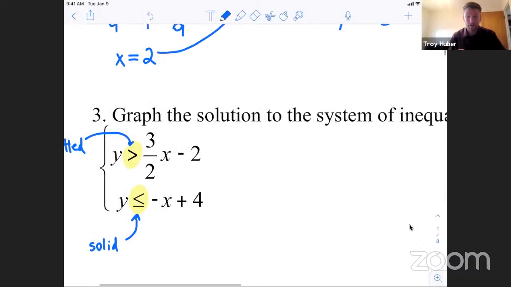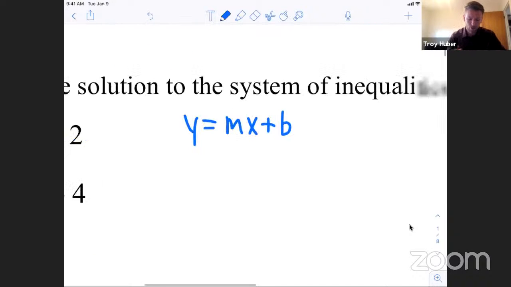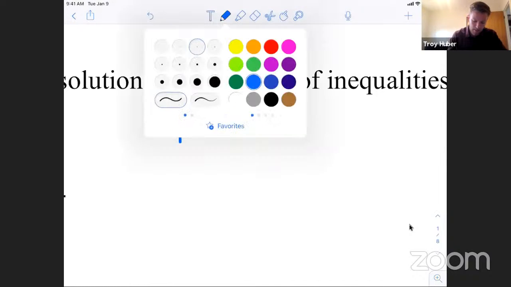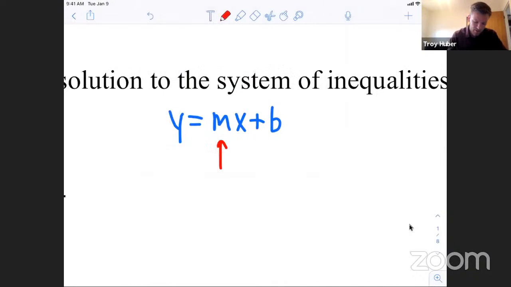Now, these are both very nice. They're in what's called slope-intercept form, so that y is equal to mx plus b that you learned last year. So that m is our slope, and that b is our y-intercept.